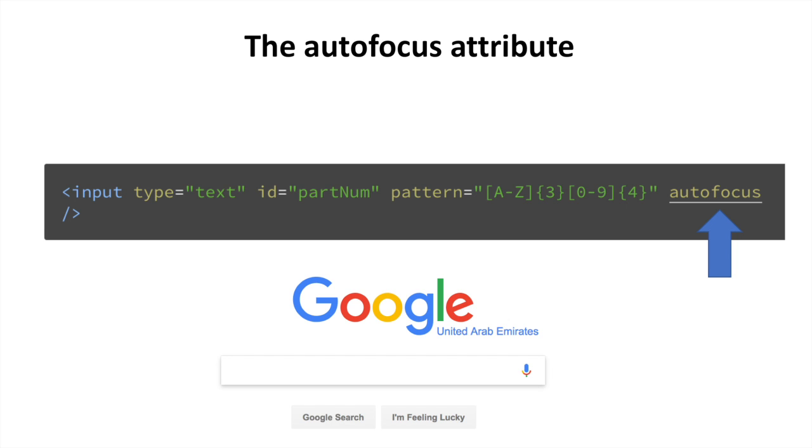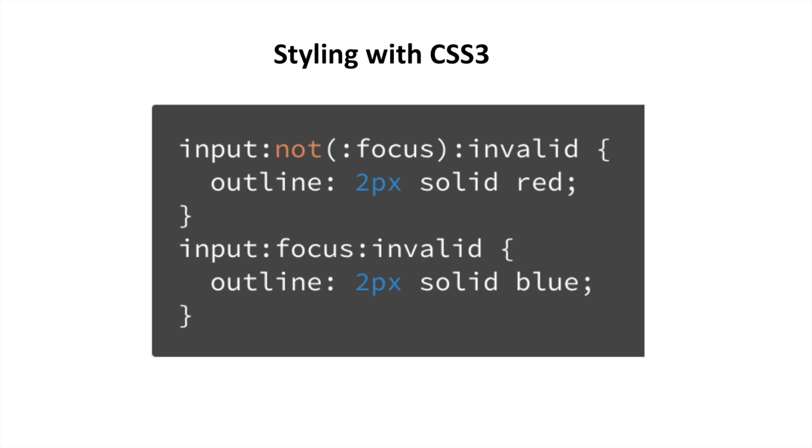Now, to format your page, you want to give an alert to the user. When the user enters the wrong data in a field, it becomes red. If the data is correct, it will become blue. So how do you do that? You need just this simple CSS3, which applies to all inputs. If input is not valid, then it becomes red. So just using outline, 2 pixels, solid red.